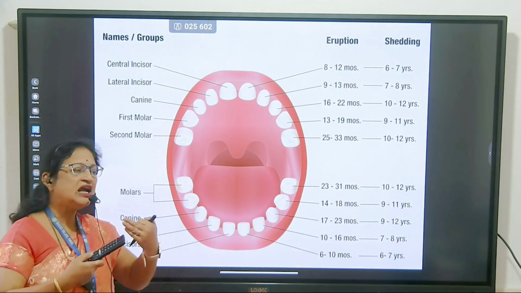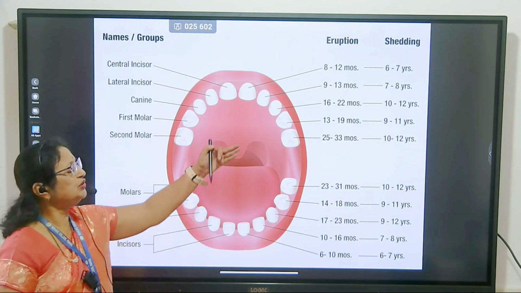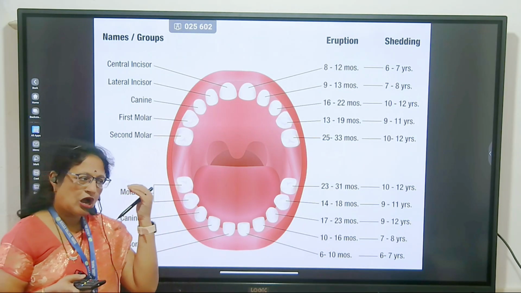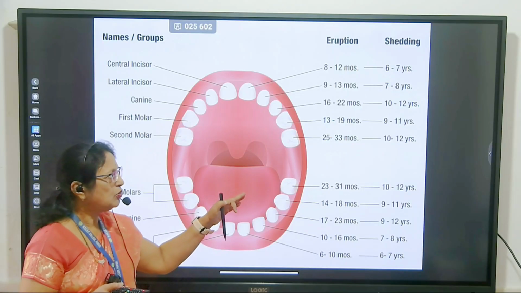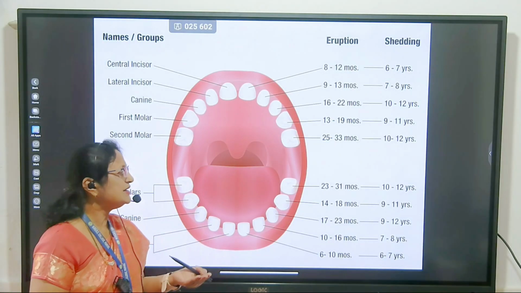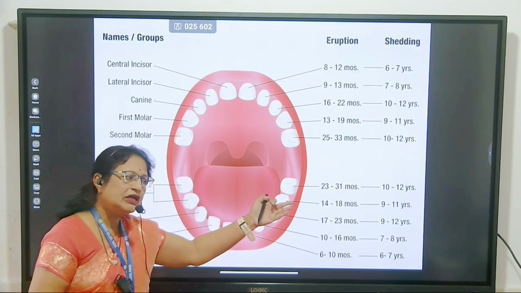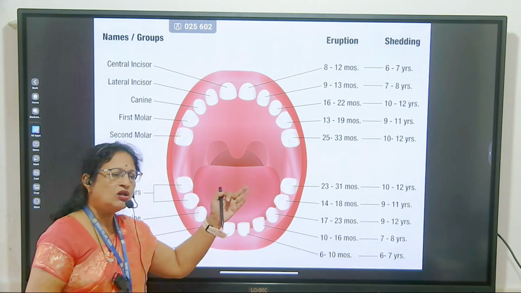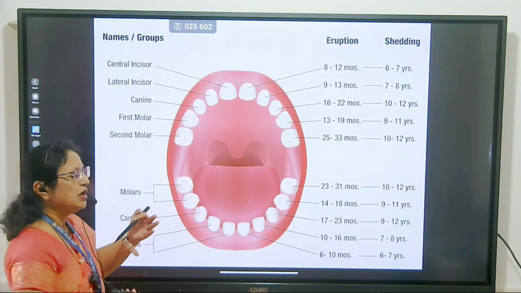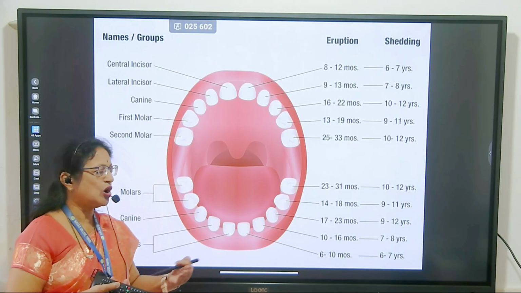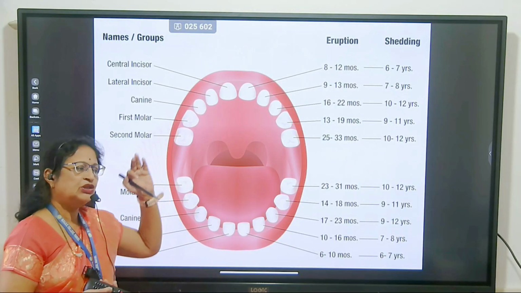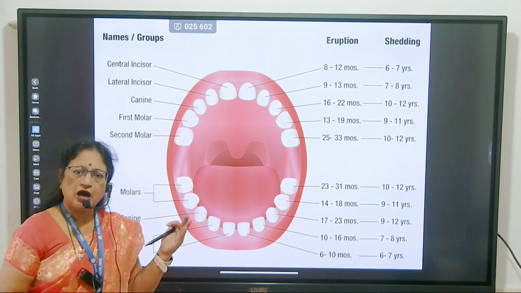That means they erupt prior to the second molars of the upper jaw. Now, the shedding period of all is the same, but only the eruption period of these teeth is different. Firstly, the teeth of the lower jaw erupt and then the teeth of the upper jaw.